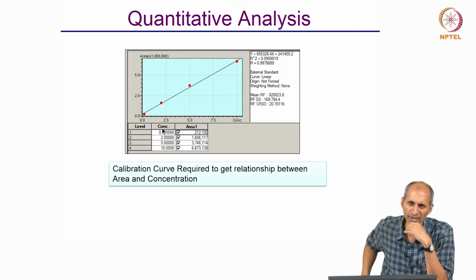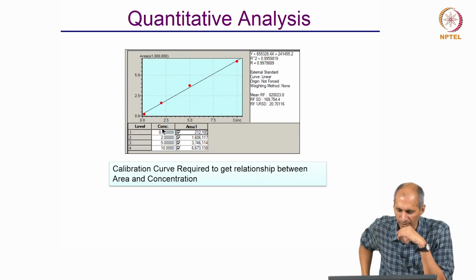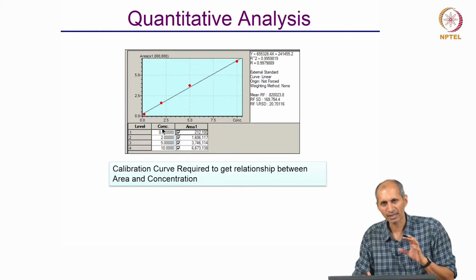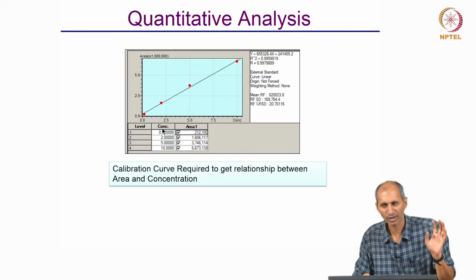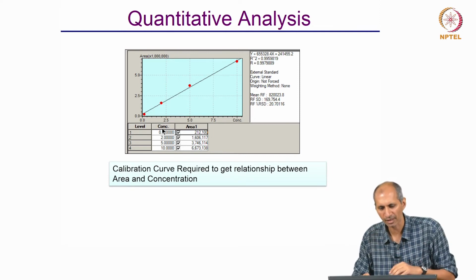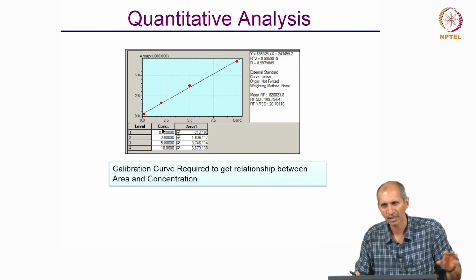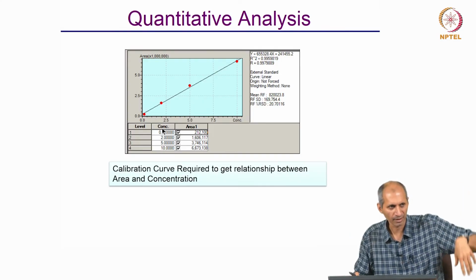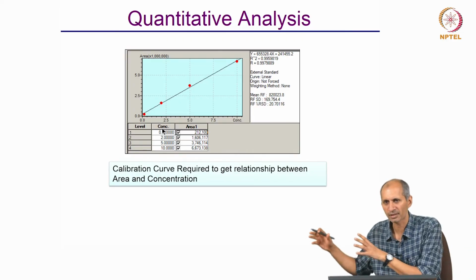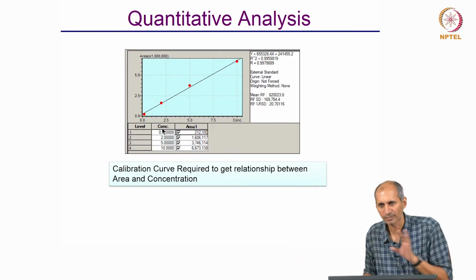For various reasons, the compound may not come out fully. So, you do not want to worry about all that. If it is happening systematically, not as a random error but as a regular, predictable error, you do not worry about what is happening there. If I inject a concentration of, say, 1 milligram per liter, I will get some area response, that is all.